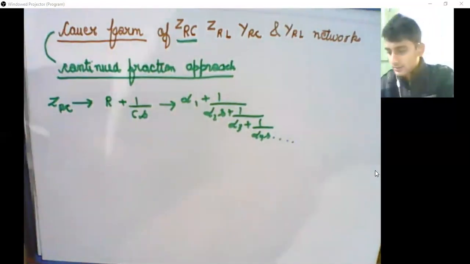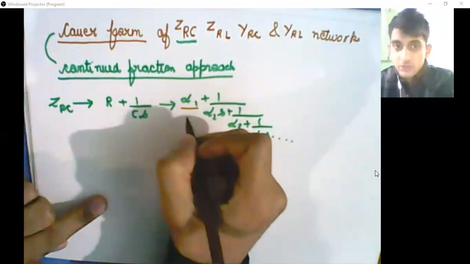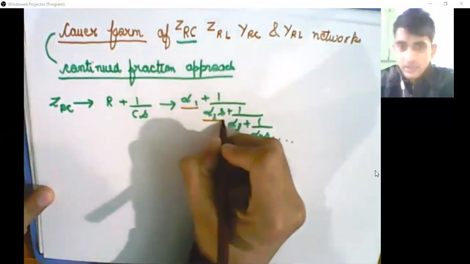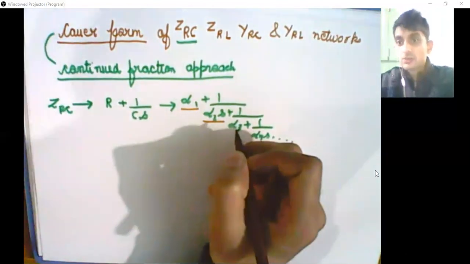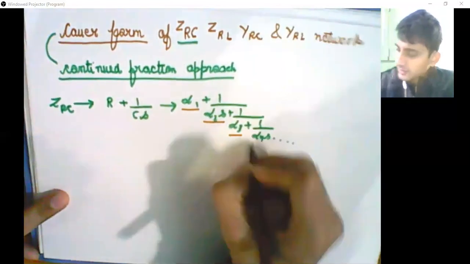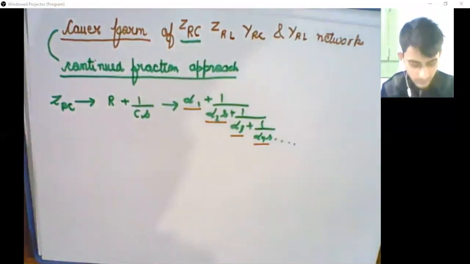Notice that this is a constant, which means you have one resistance, then a coefficient multiplied with s, which means this is going to be your capacitance. Then again a constant, then again a capacitance, and it will continue in this fashion.